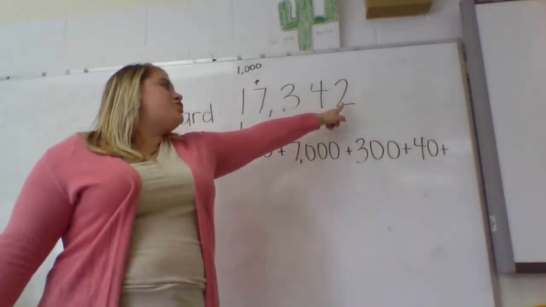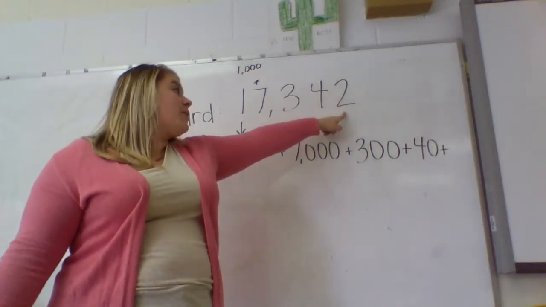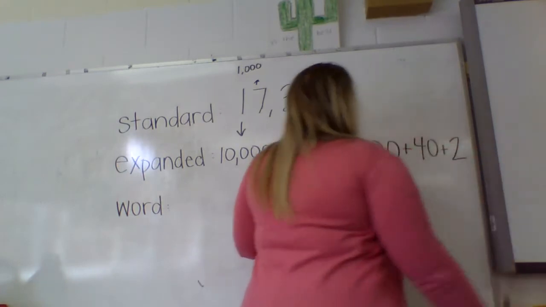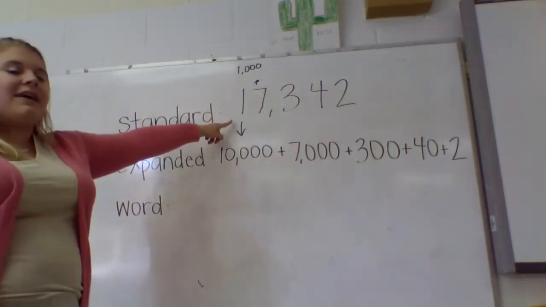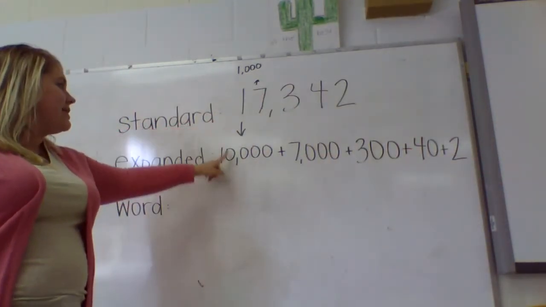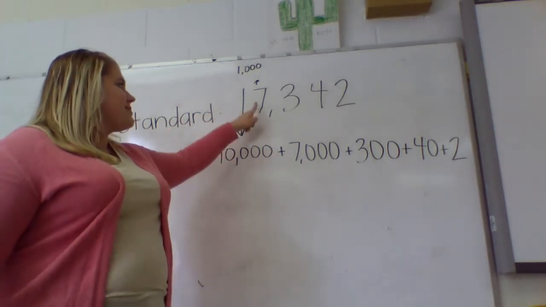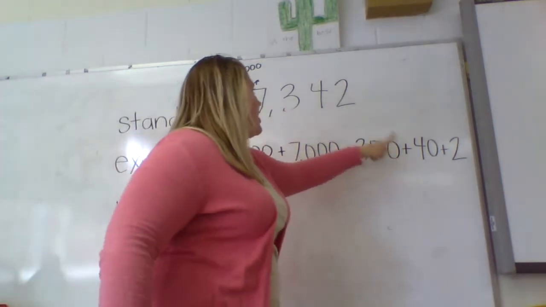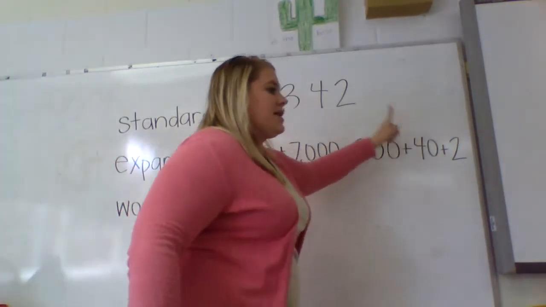Plus, now we have 2. 2 in the ones place, 2 ones is really just 2. So 17,342 is 10,000 plus 7,000 plus 300 plus 40 plus 2.